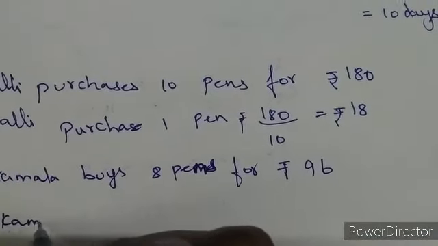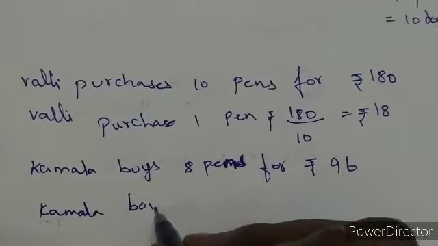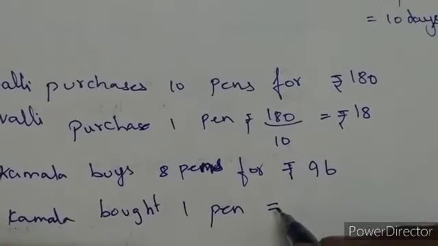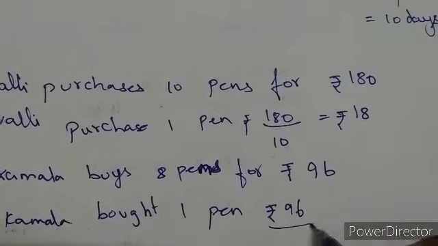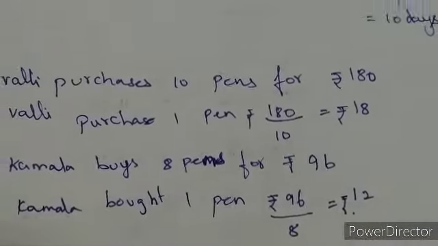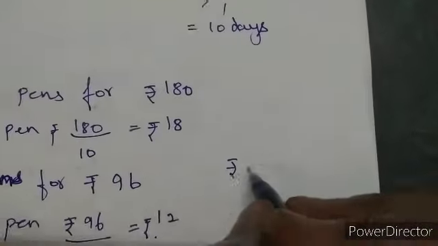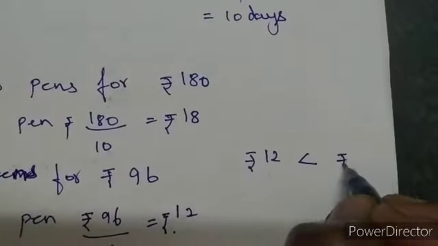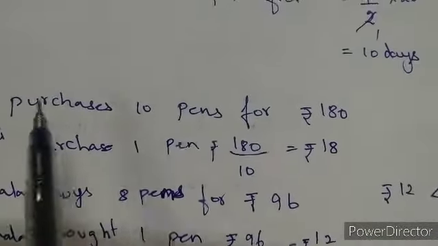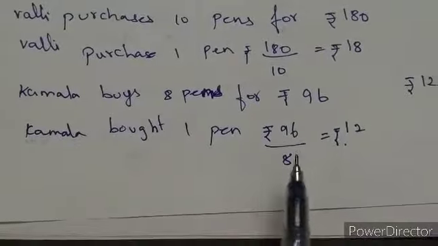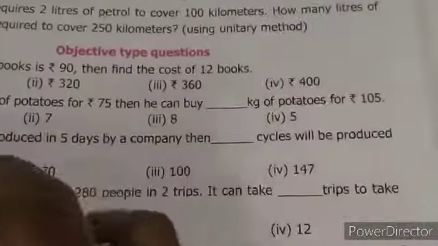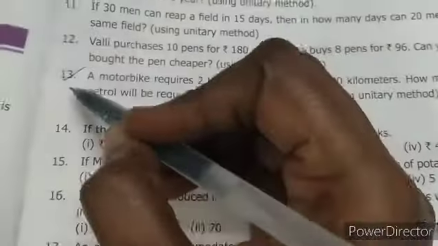So Kamala bought 1 pen for rupees 96 divided by 8, which gives you 12 rupees. Now rupees 12 is less than rupees 18. So Kamala bought the pen cheaper than Valli. Is it clear, students? Question number 13, you can try as a homework sum.